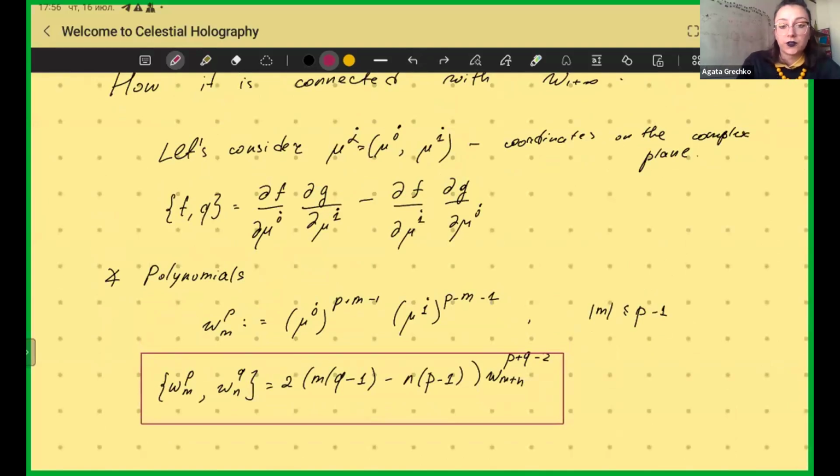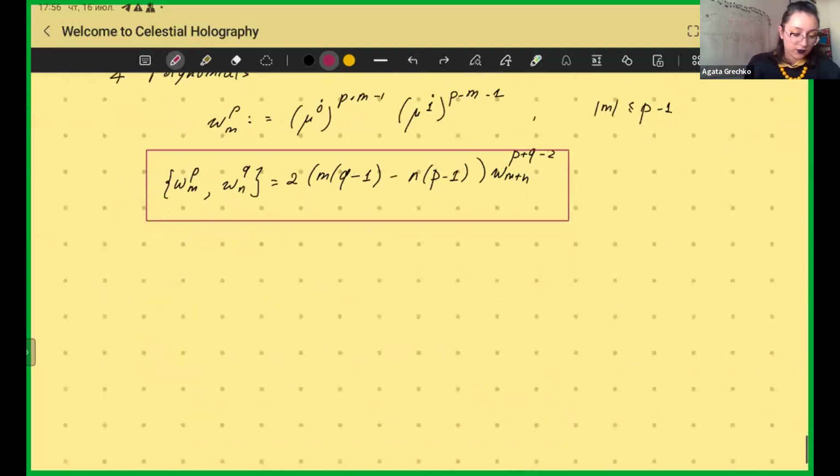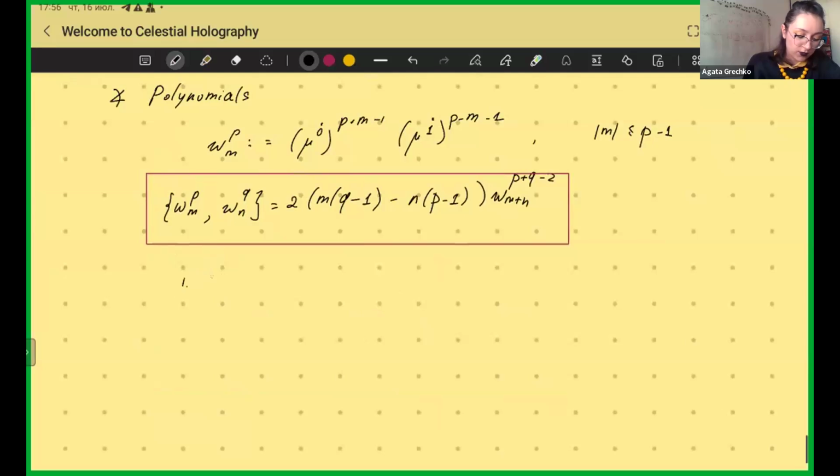So when we go to the twistor coordinates, then we need to introduce some action on this twistor space, right? So we go to twistor space. Then we introduce some action.